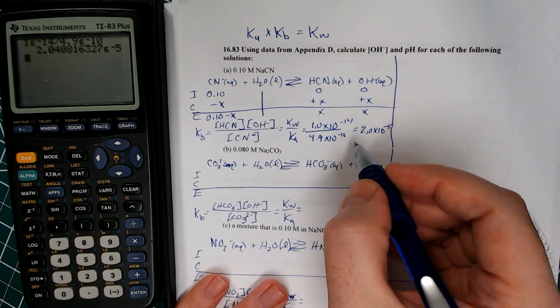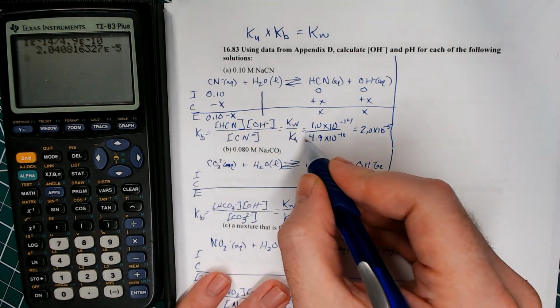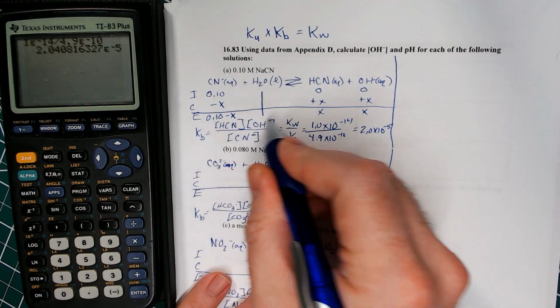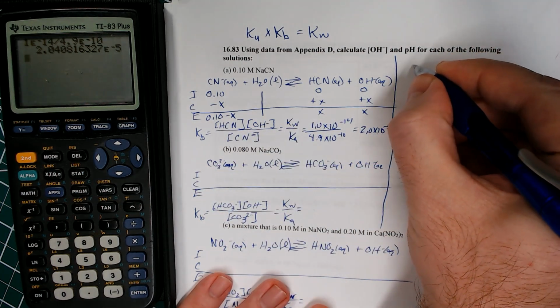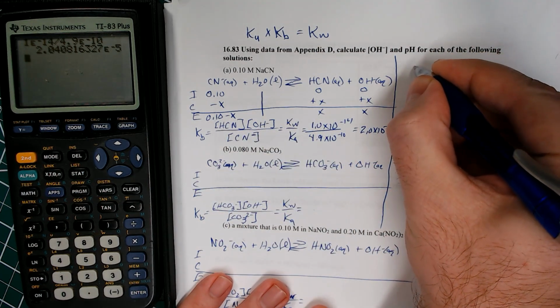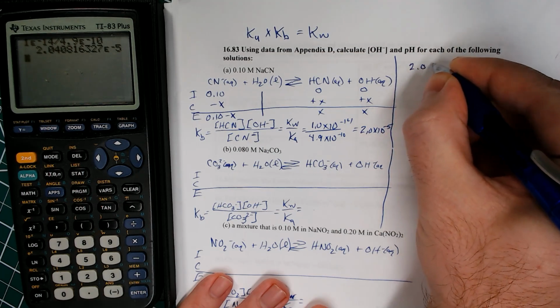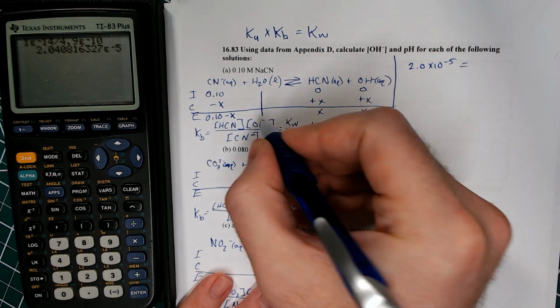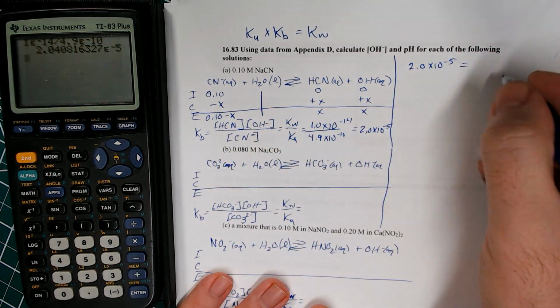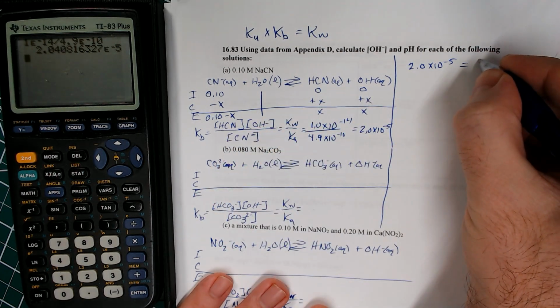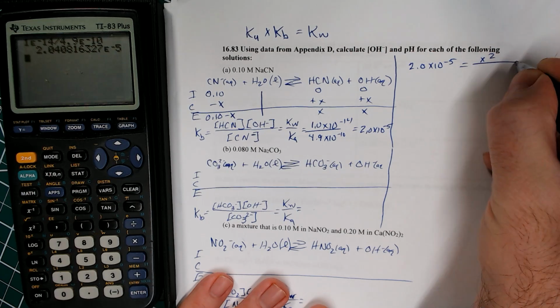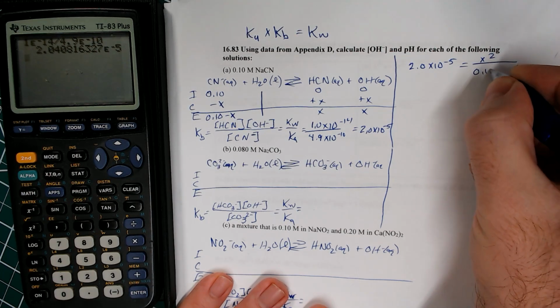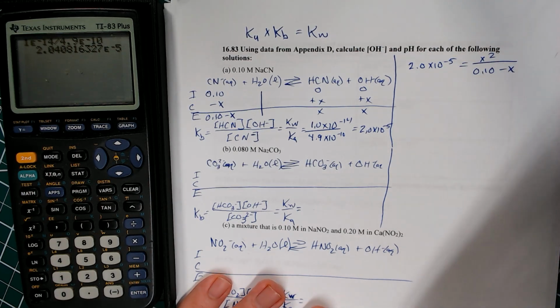Well, we now have a Kb value, and we can put these things into the expression, and that's going to give us this. So 2.0 times 10 to the negative 5 is equal to x times x over 0.10 minus x. So x squared over 0.10 minus x.